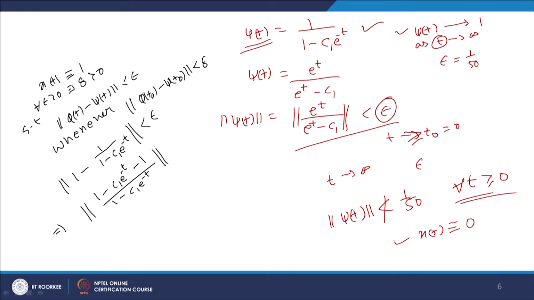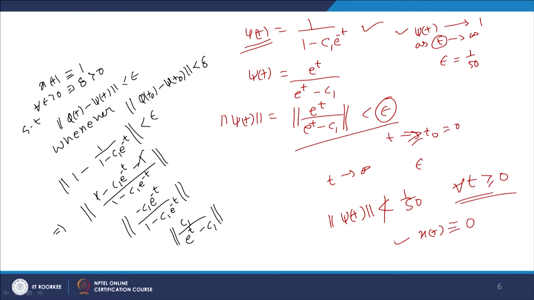We want to show that it is less than epsilon if possible. When you simplify, it is minus C1 e to the power minus t divided by 1 minus C1 e to the power minus t, right. Now if you divide by e to the power t, this is C1 upon e to the power t minus C1. Is it okay?